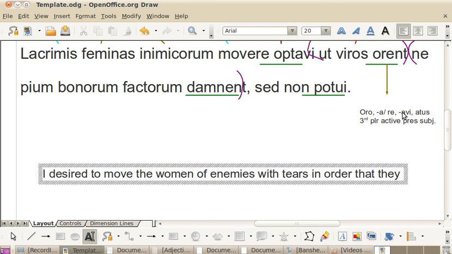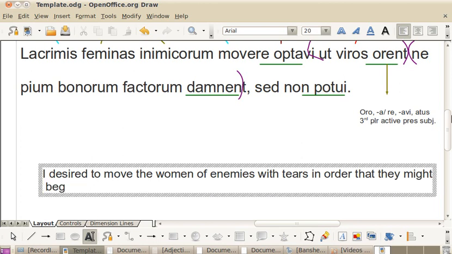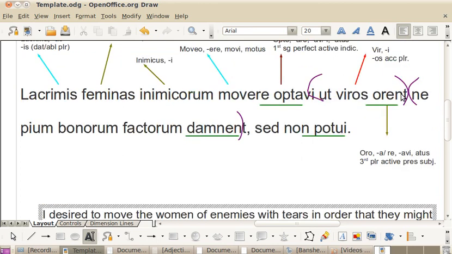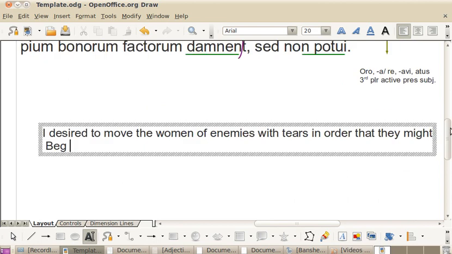In classical Latin, oftentimes the meaning is to beg or request. So let's say beg. In order that they might beg. And there we go. In order that they might beg, and now this verb is transitive, so we expect a direct object, and we've already identified viros in the accusative case, in order that they might beg the men.